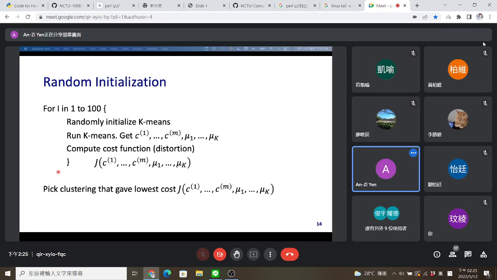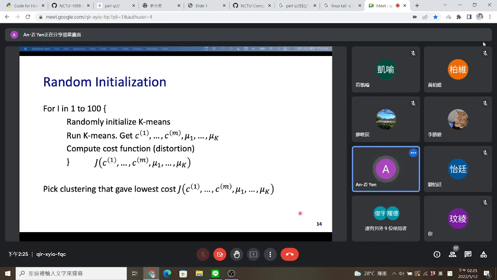So finally we have done this whole procedure 100 times. Then we will have 100 different ways of clustering the data. And then finally, among all these hundreds of ways we have found of clustering the data, we just pick the one that gives us the lowest cost.